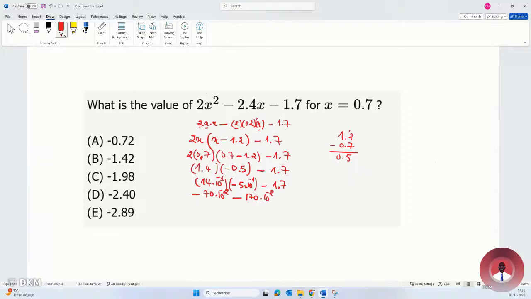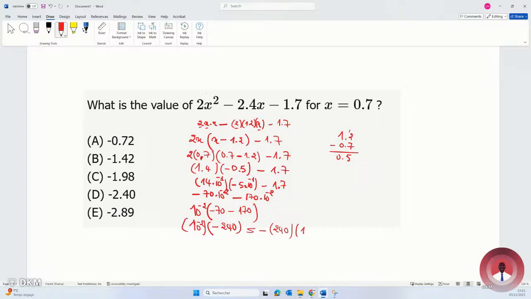And what we can do is take 10 to the power minus 2 here into factor like this, and then we will have minus 70 minus 170. So 10 to the power minus 2 times this is going to give us minus 240. So now multiply 10 to the power minus 2 by minus 240.